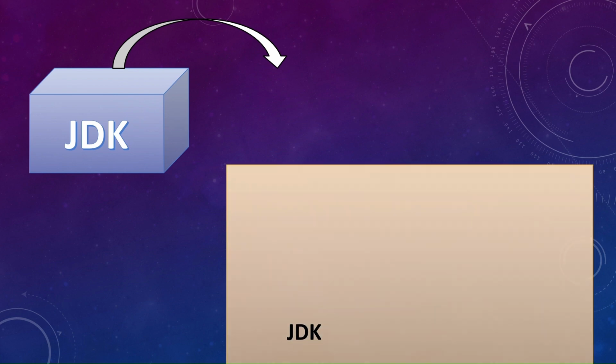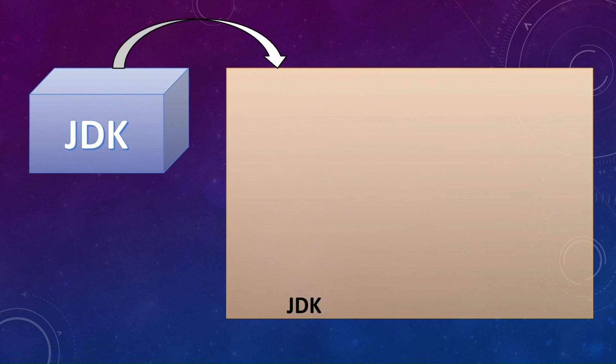That's why on the installation pages we have JDK installation separately for each operating system: for Windows separately, Mac separately, Unix separately. That's why we call it platform-specific software, and it provides an environment to develop and run Java programs.